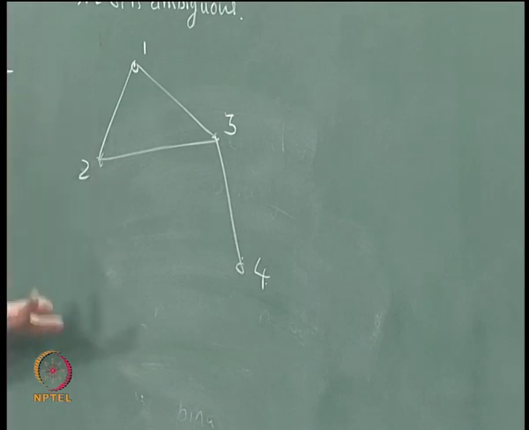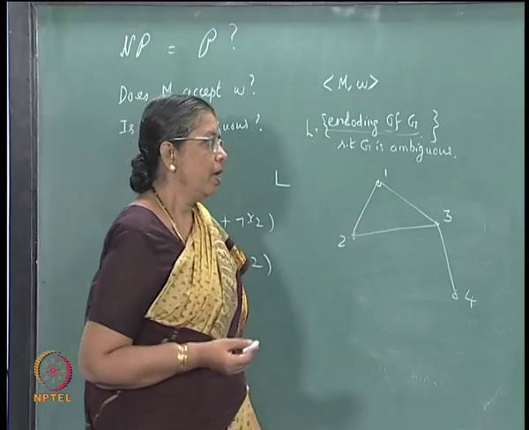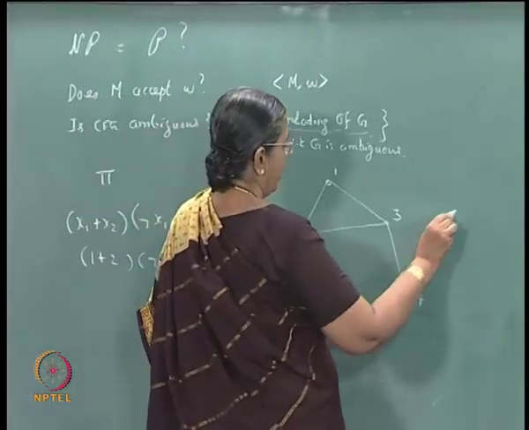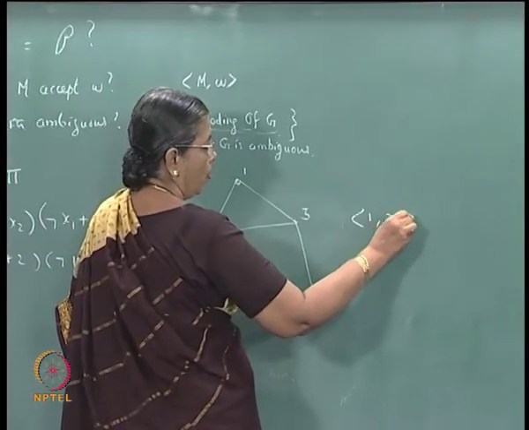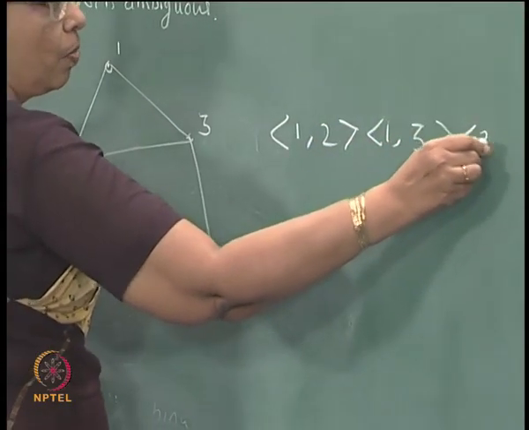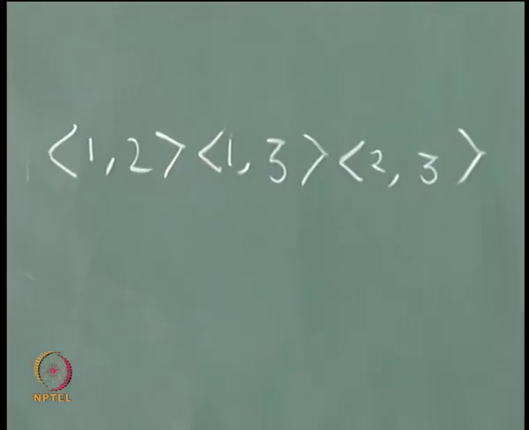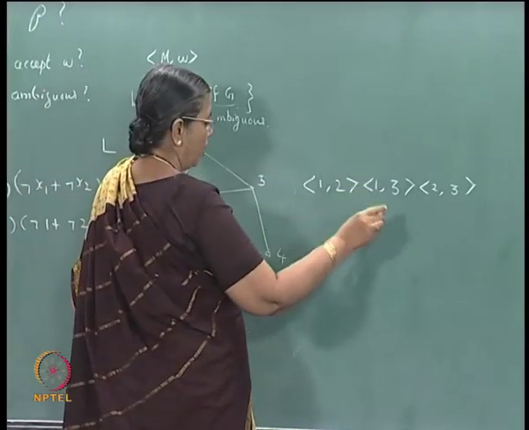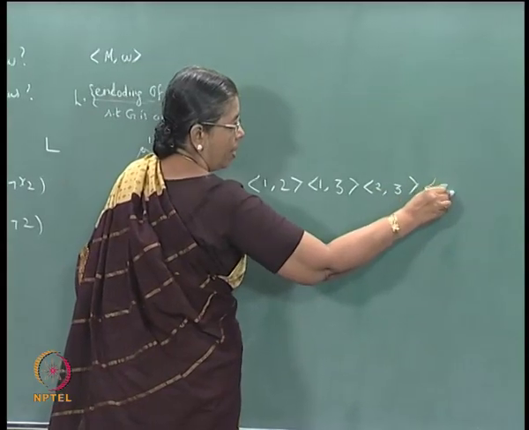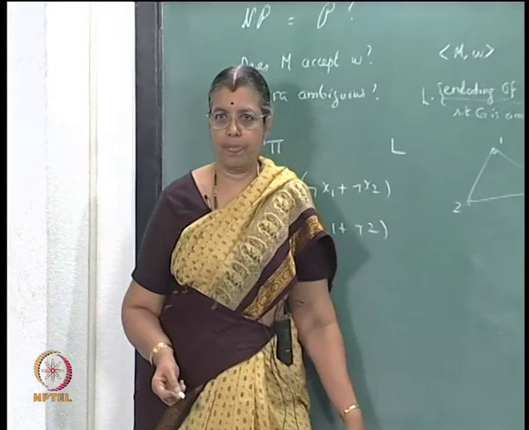But how do you represent this graph? There are 4 nodes and some edges. You choose some proper representation like 1, 2, and the edges you represent as 1, 3, 2, 3, all edges starting from 1 first, then all edges starting from 2, then all edges starting from 3, 4. You can represent it as a string like this.